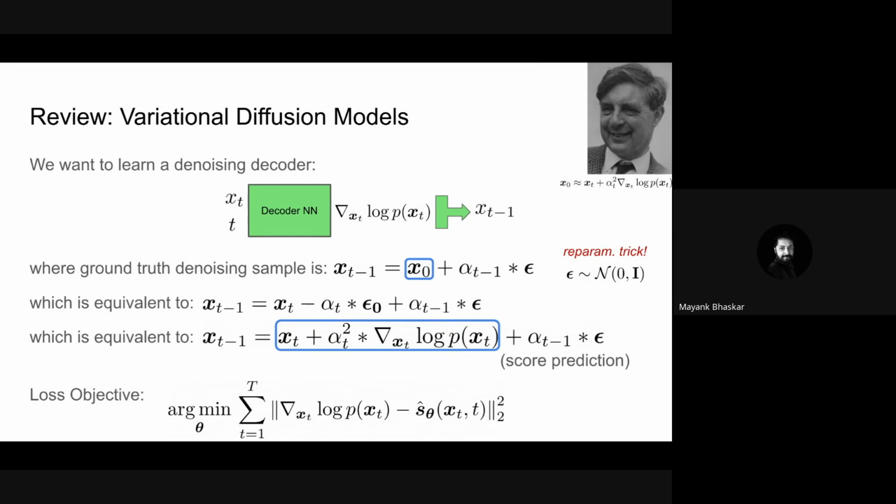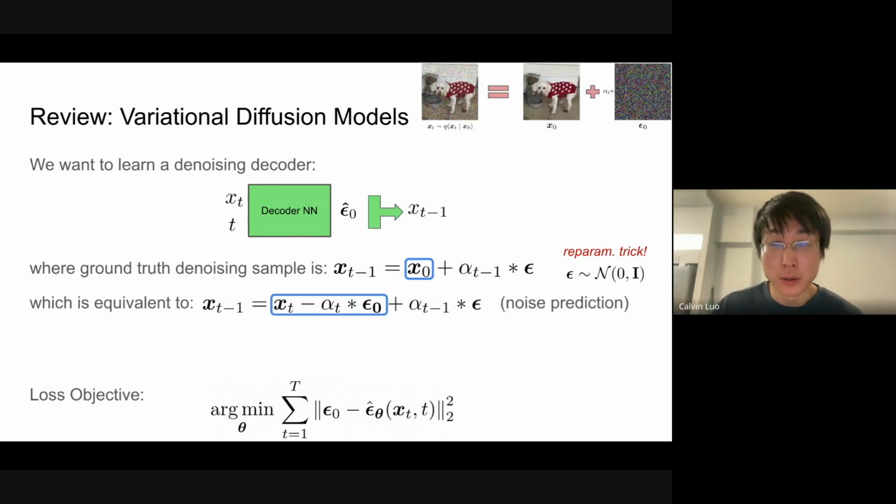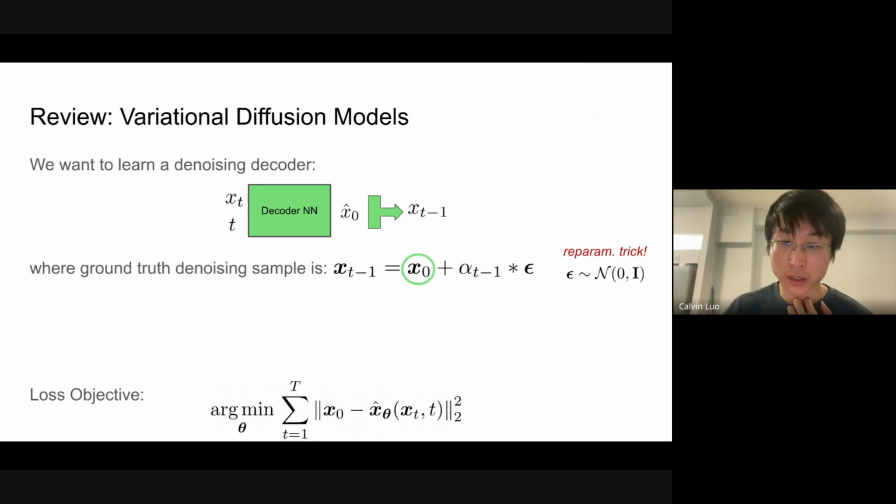The second and the third equation that you had. Okay. So the main idea is that our ground truth denoising sample xt minus 1 is written in this following equation. I hope everyone's happy with this, right?